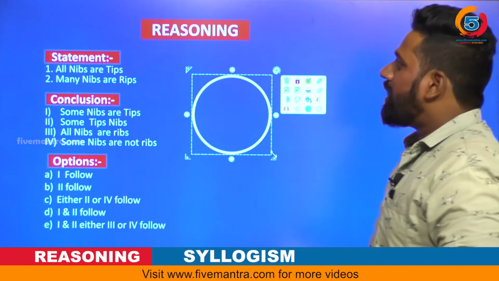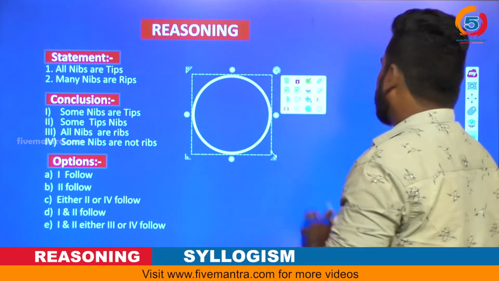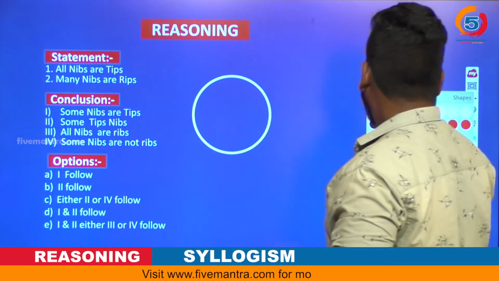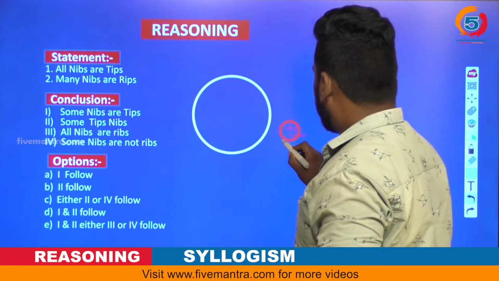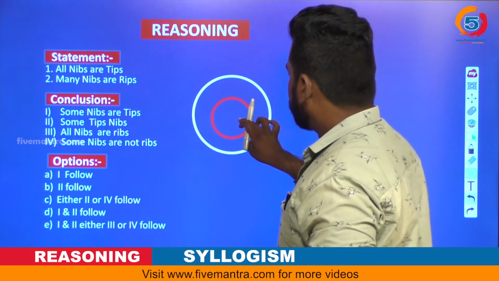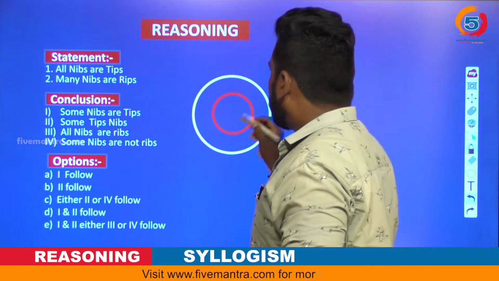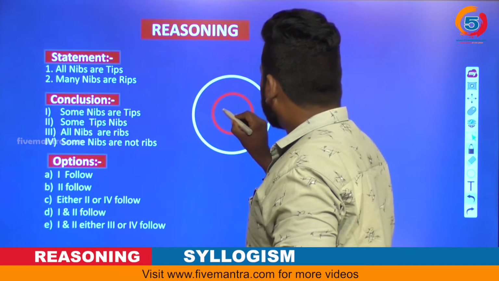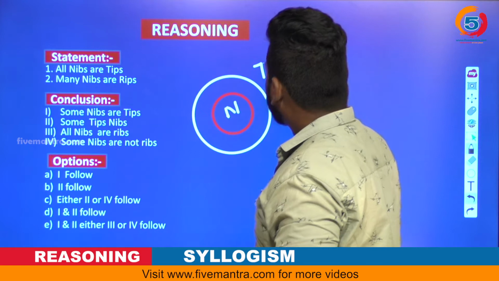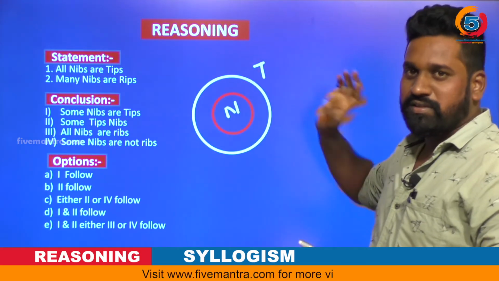So all nips are tips. I am taking the first circle as tips, and the remaining small circle you can take as nips. So the small one becomes nips and this becomes tips, right? So all nips become tips by using this Venn diagram.